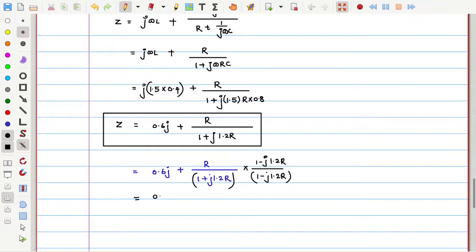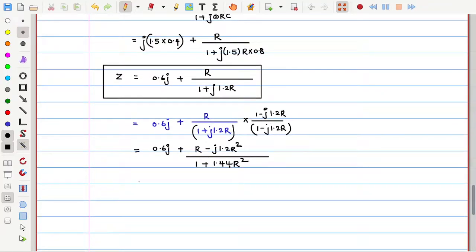This is 0.6 j plus, let me write the denominator, 1 square is 1, so plus 1.2 square, how much will we get? 1.44 into R square. This is the denominator. What about the numerator? So R minus, I am multiplying this thing, j 1.2 R square.